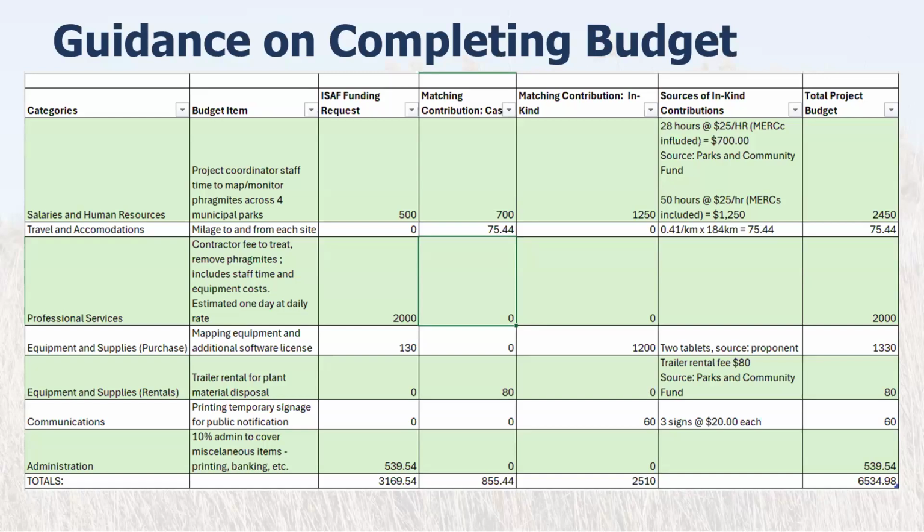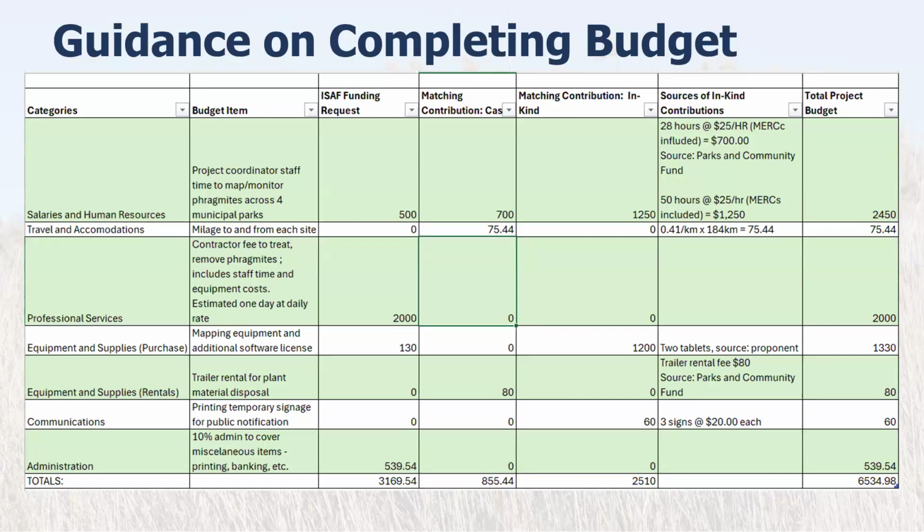And then we come down to administration. I do want to let you know there is a 10% hard cap on administration fees. So if you are going to be applying for funding for administration through the Phrag Fund, make sure that is capped at 10%. The reviewers do take note of that if there is a difference.